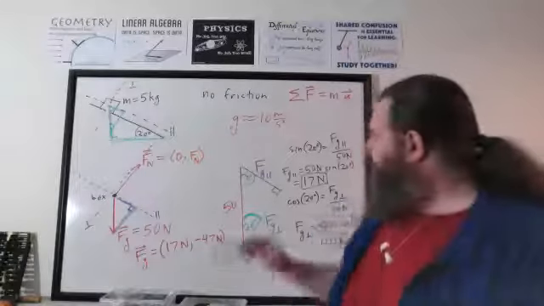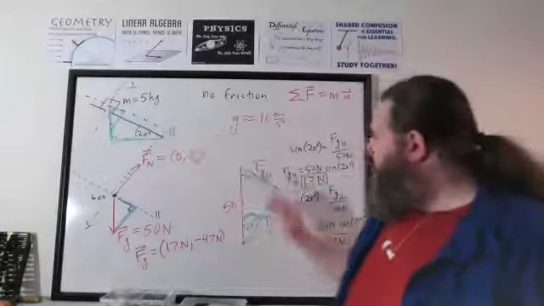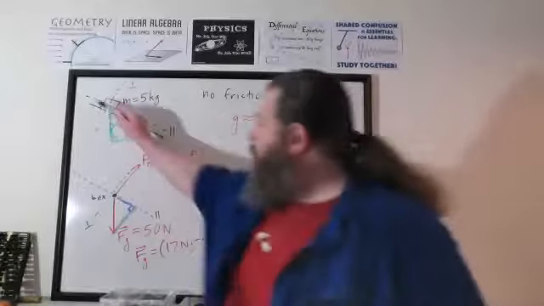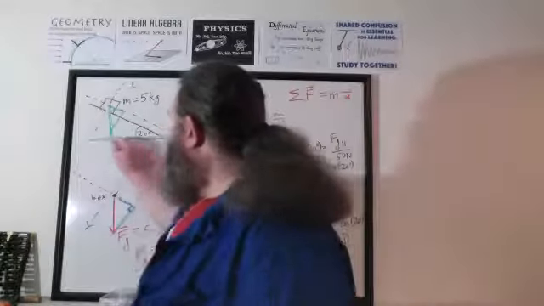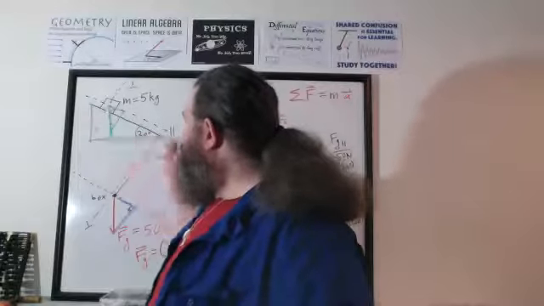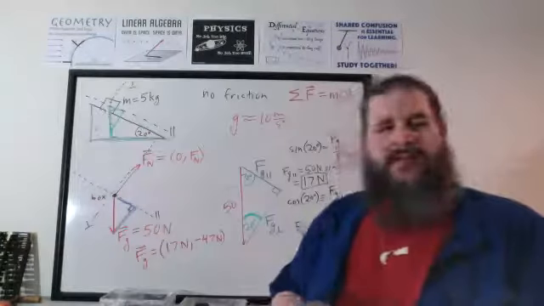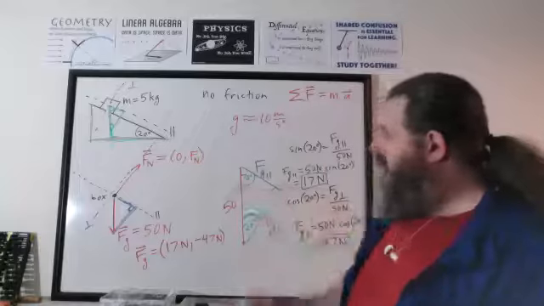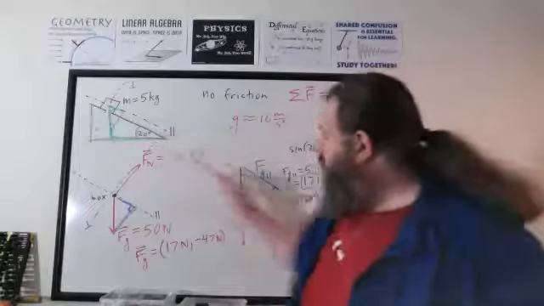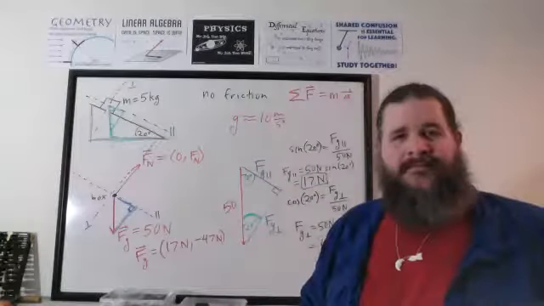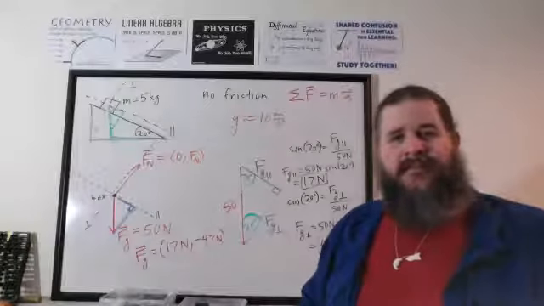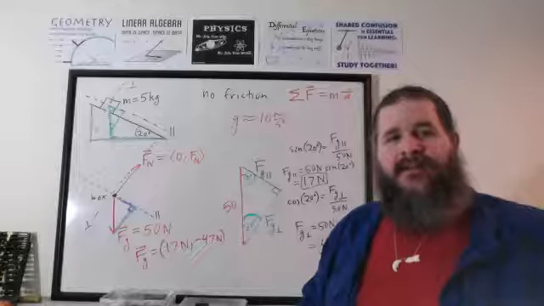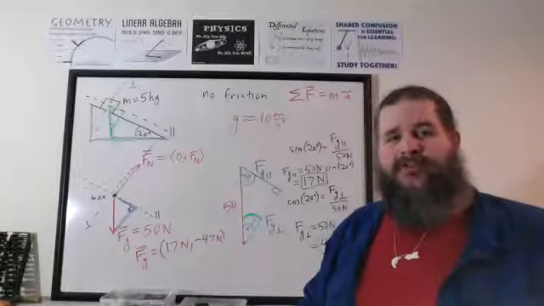By the way, even if we didn't have the angle, we could still figure out this information if we had some measurements about the ramp. Like if we knew the length of this side and the length of this side, we could still figure out how this splits up. Because what do we know about these two triangles? They're similar. The matching angles mean these are similar triangles, and that tells us the sides are proportional.